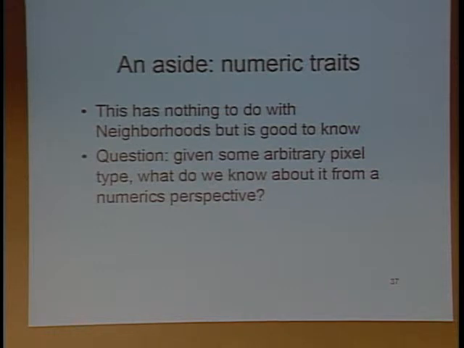One more thing is about numeric traits. You can also find this on the Doxygen web page. If you want to know more about it, you have to read the source code. It is in the ITK source code common directory.